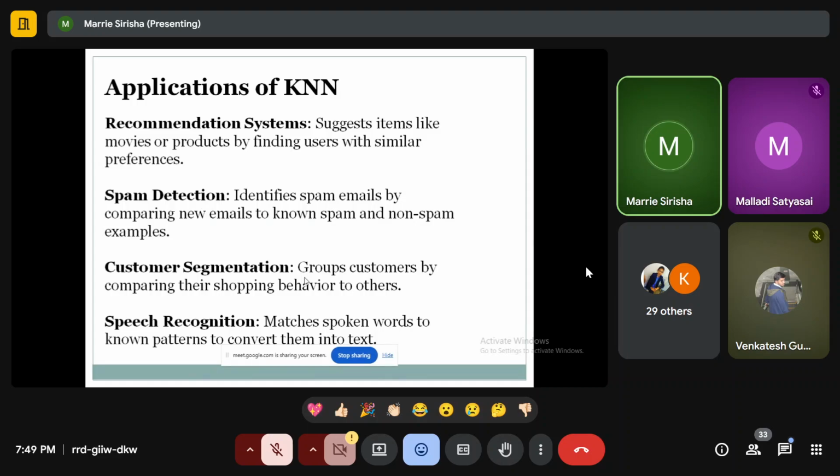Applications. So where we can apply this algorithm, like as I said you yesterday, recommendation systems. If I want to watch a movie, I will get n number of movies, but నాకు నచ్చే మూవీ ఎక్కడ ఉంటుంది? Based on the movie which I select. If for example I watch a horror movie, it will suggest all the horror movies, right?